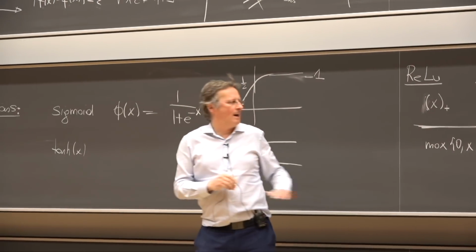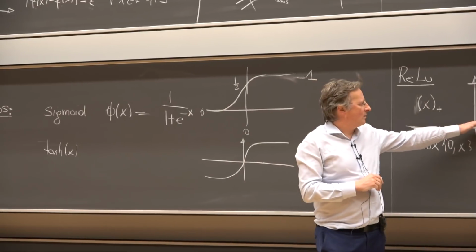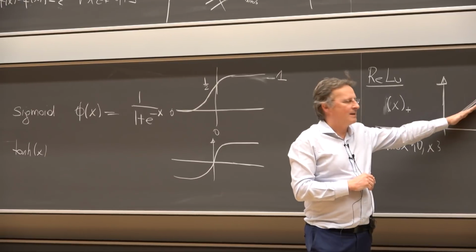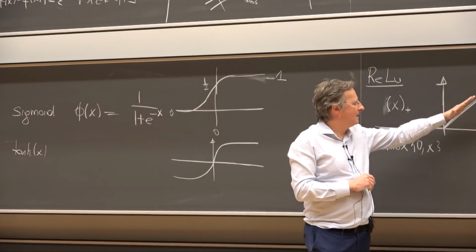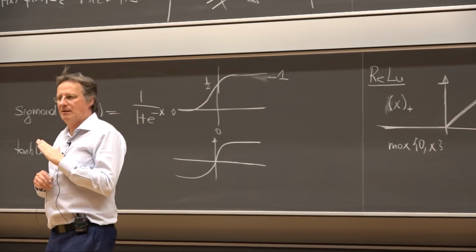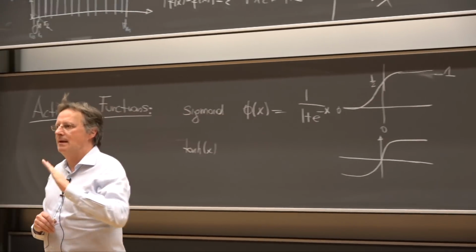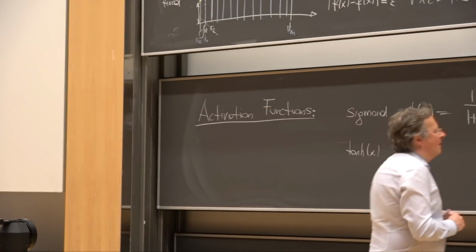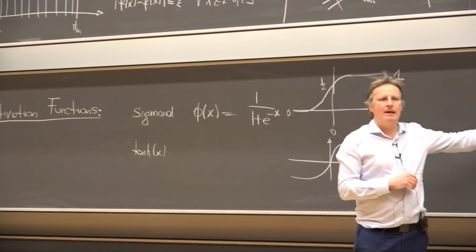This is actually quite often used, and seems to be working quite well. One of the nice properties is that at least in the positive part here, the derivative doesn't change, it's always 1, and so you don't have this vanishing gradient problem, at least in this part. You still have it here, okay?